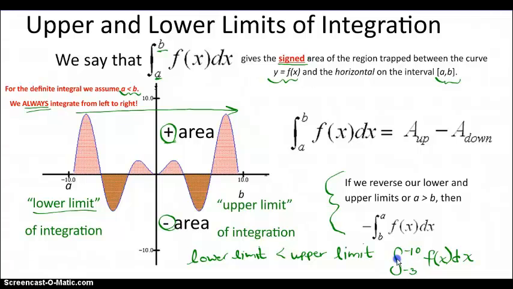So this is not the case where the lower limit is less than the upper limit. If we ever encounter that, we can fix that by accumulating in the opposite direction, which is what that negative out in front of the definite integral means. So we would equivalently accumulate this as the opposite of the accumulation from -10 up to -3.